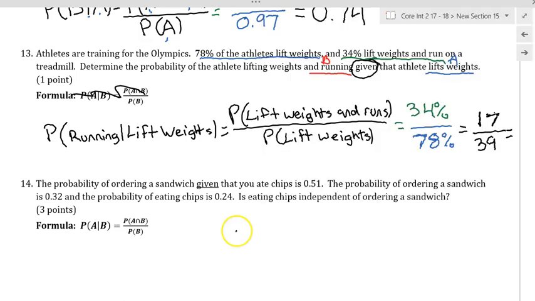Enter. I get 0.44. Really, either of these would be fine, but the multiple choice on your test would be a decimal. Okay, so make sure you know how to convert to decimal.